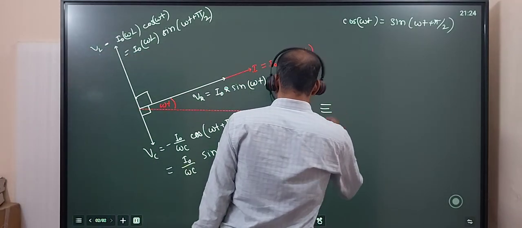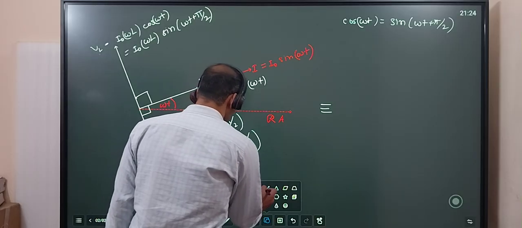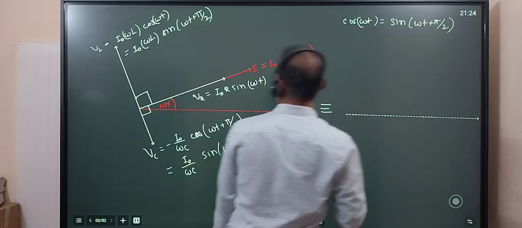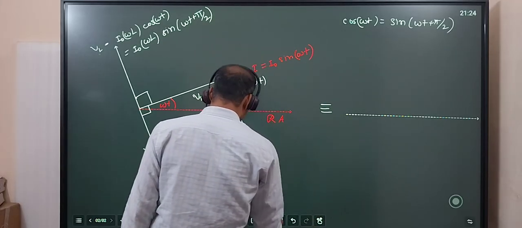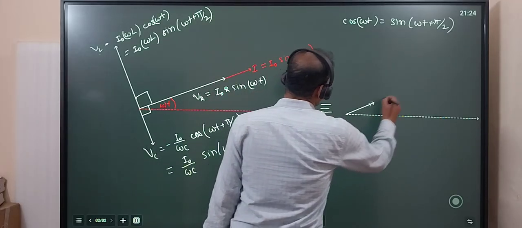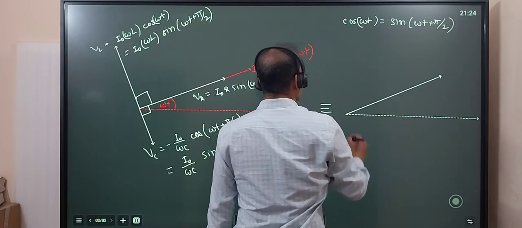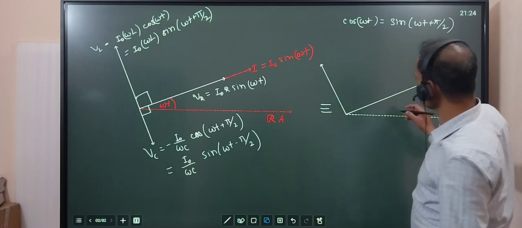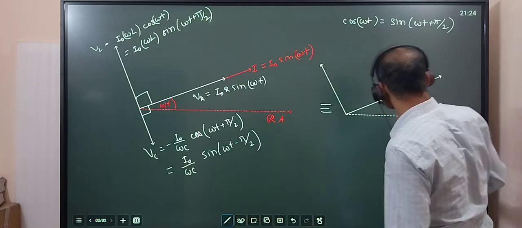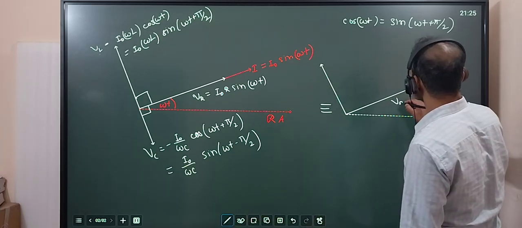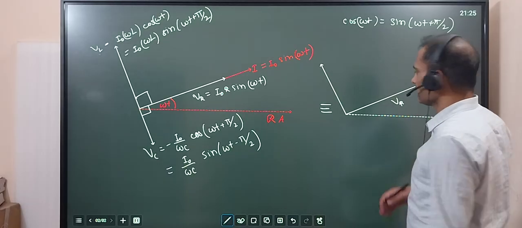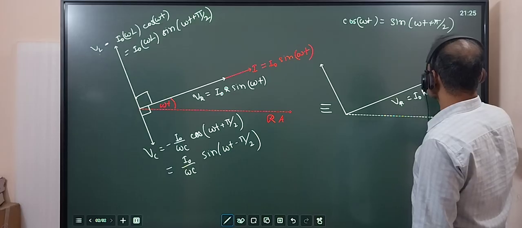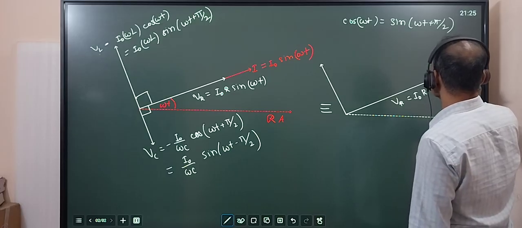Now I will try to simplify this thing. We have a reference axis, and we have VR this way, and we have VL minus VC this way. This is VR. I will write VR is I naught R sine omega t.